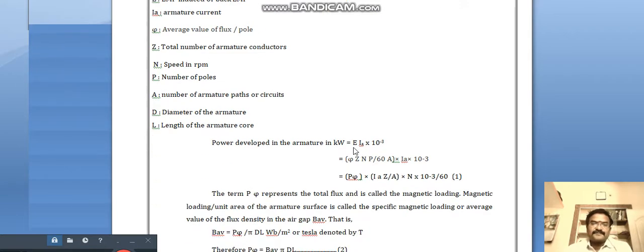So we can write Eb is equal to phi Z N by 60 into P by A. The same thing we substitute here: P phi Z N by 60 A into Ia, into 10 to the power of minus 3. So here we can segregate P phi and Ia Z by A, into N, multiplied with 10 to the power of minus 3 divided by 60.